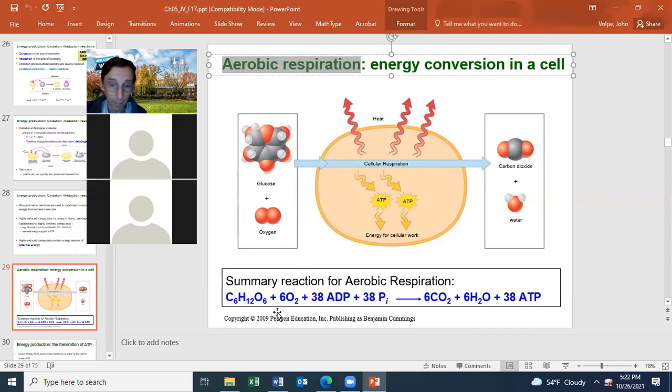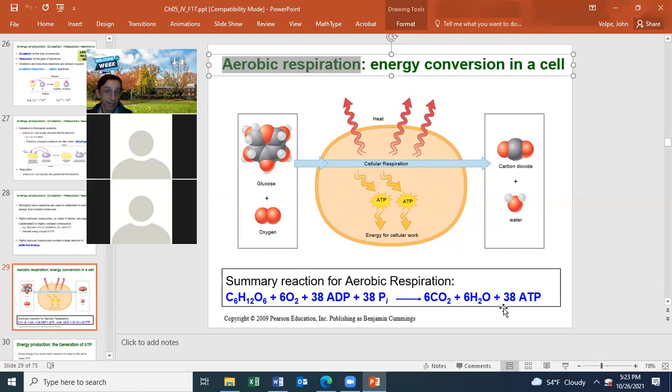That's what the Pi stands for. So that's not phosphorus, that's phosphate. It's an abbreviation. And then that'll make 6 carbon dioxide molecules, 6 water molecules, and 38 ATP molecules. Any question about any of that?